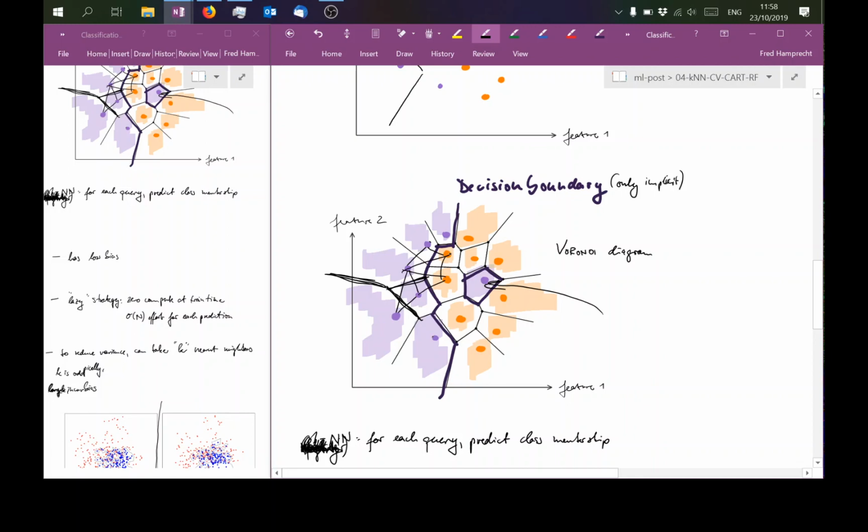But if I add just a little bit of noise, I create a third feature, which is just a noise feature, a tiny little bit of noise along the third dimension on this scale, then already most points will become neighbors of most points. And hence, it's never going to be efficient to try and store explicitly this decision boundary.